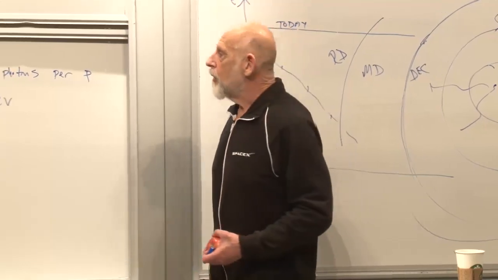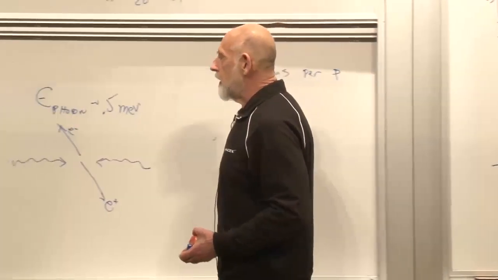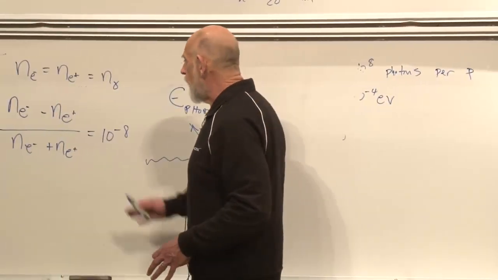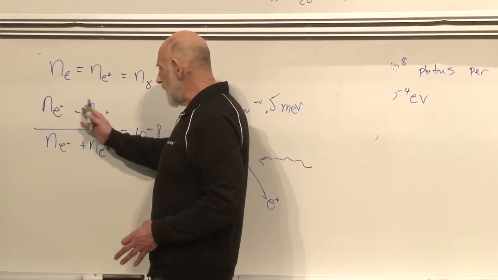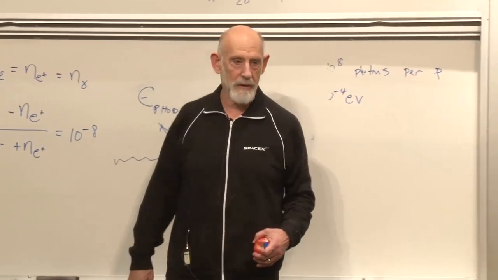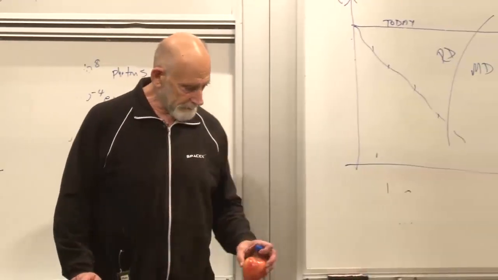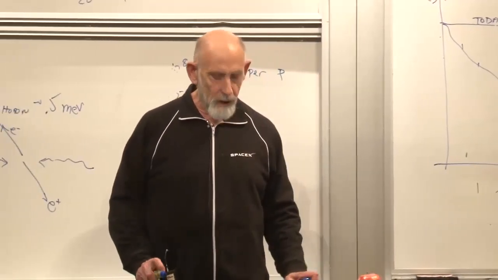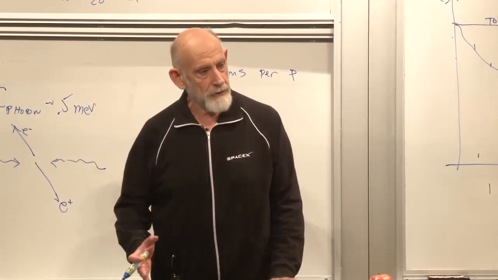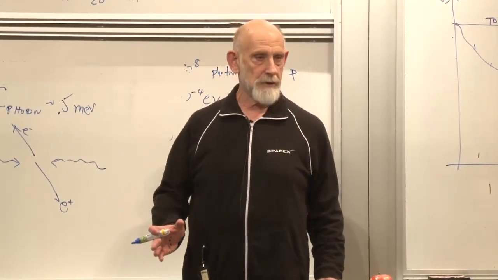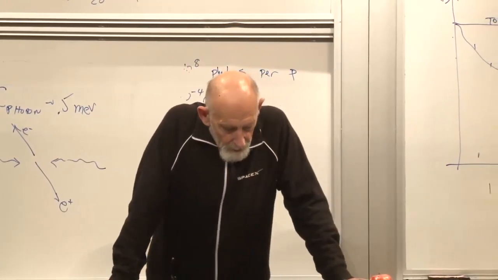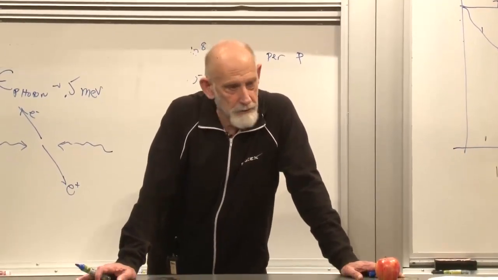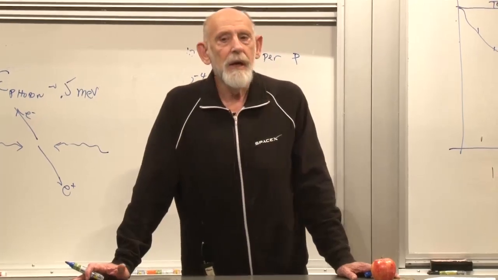What we see is the leftover because it wasn't exactly balanced. What we see is the imbalance, and as far as we can tell, electrons dominate over positrons everywhere in the universe.